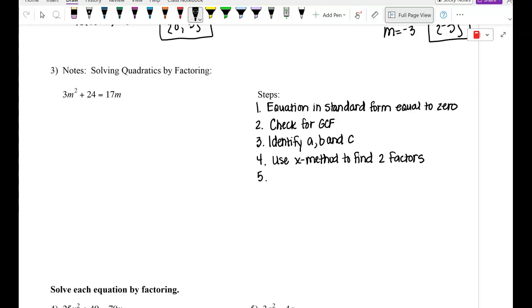Five, write out the factored form. And then six, set factors equal to 0 and solve.